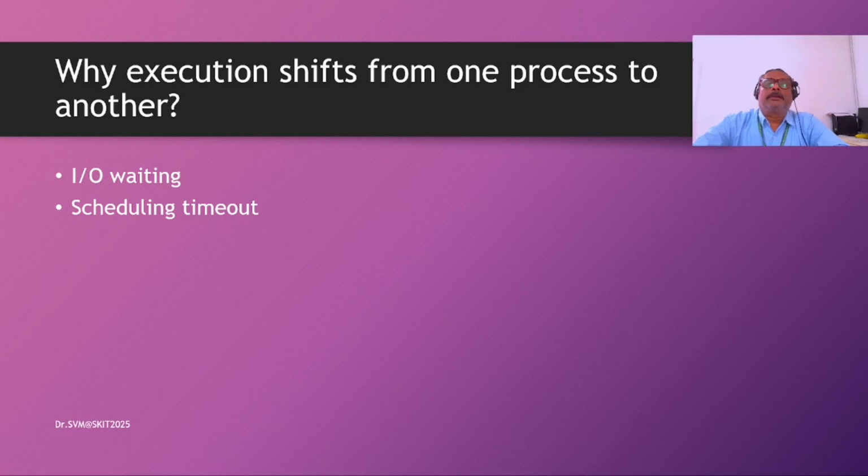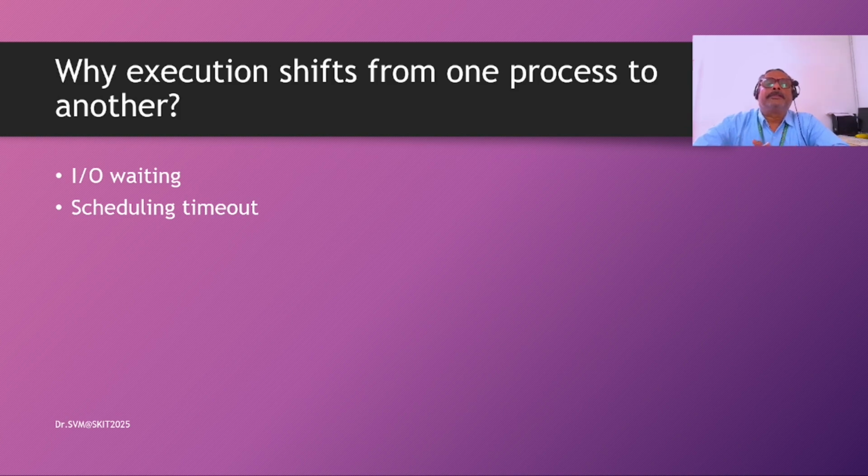Or it may be like a round robin, where each process is allotted some time, and once that time is out, that process execution is forcibly stopped, and another process is given a chance to run.